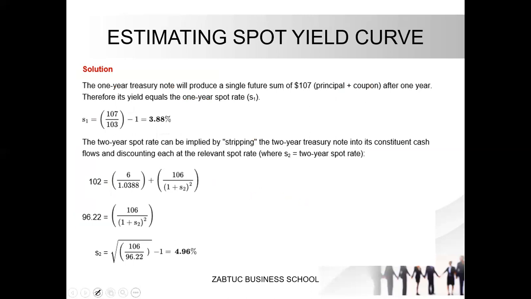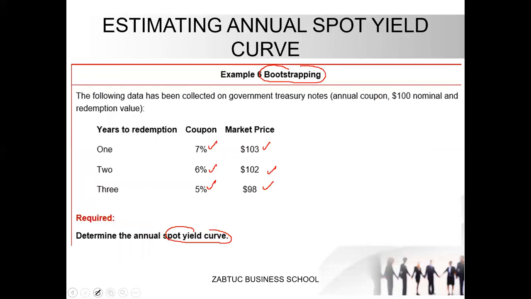You are saying, no, that we cannot understand. Let's come here. The value is 103. So let's go. Year 0 and year 1. So this bond, if you buy it today, you buy it for 103.